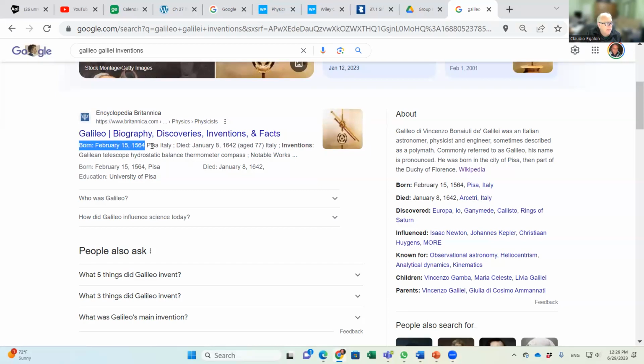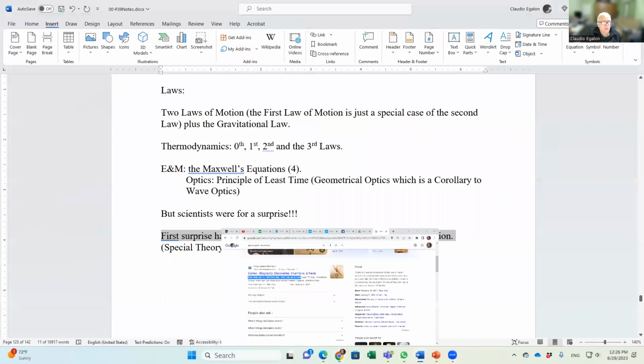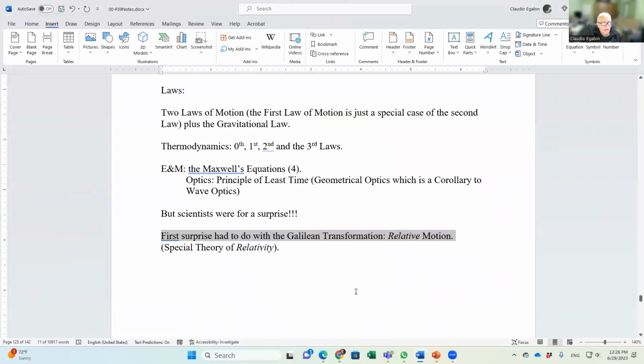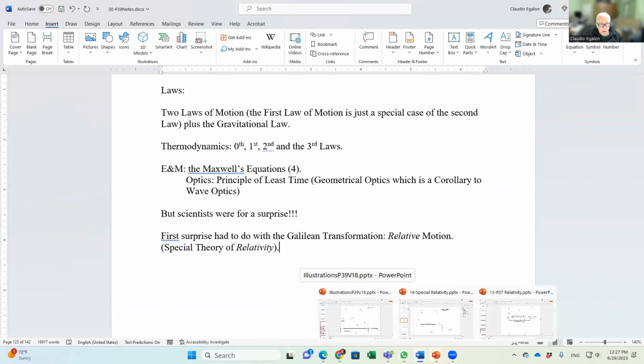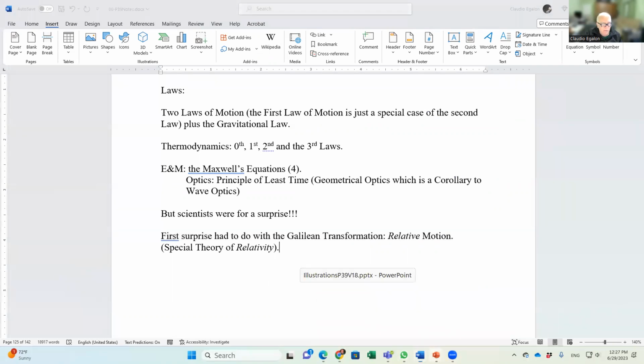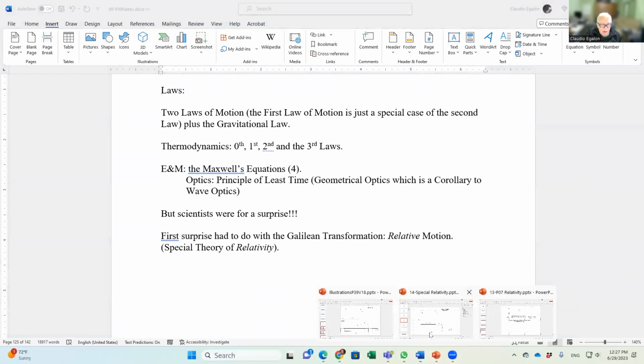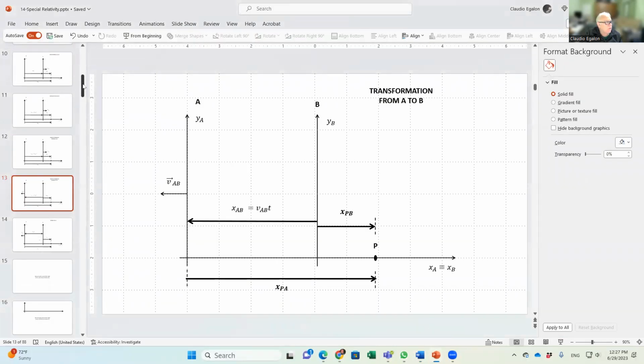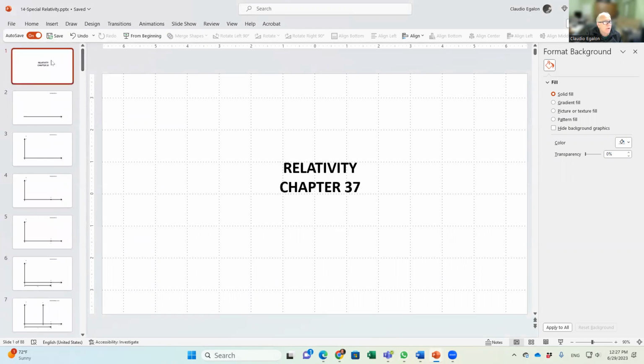Galileo lived during the great navigations, right? So we are talking about almost 300 years. So Einstein made this connection with the theory that Galileo proposed with his own theory. And because of that, we are going to review it all over again, so you can refresh your memory about the concepts of relative motion.